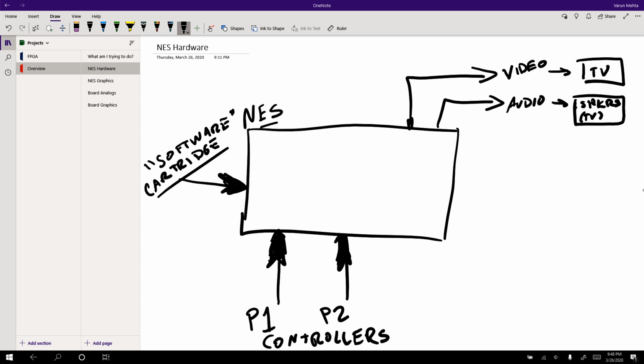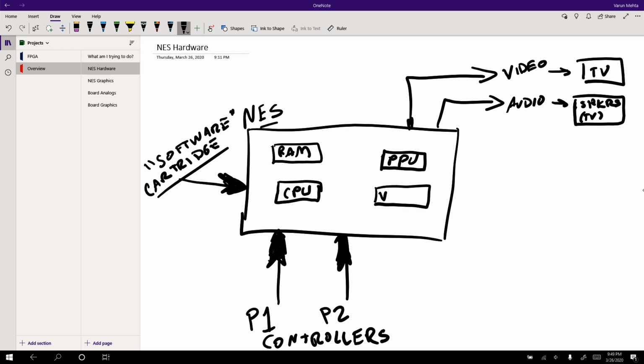In here you have some RAM, random access memory, and you have a CPU that's going to run the code on the cartridge. Over here, you have your picture processing unit. And over here, you have your video RAM, or VRAM.